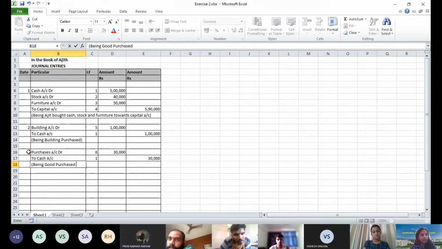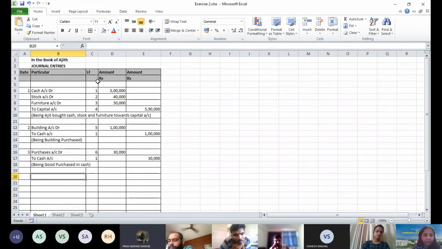Now, you can see that I've not left anything here in the format. When I'm doing a particular transaction, I'm making sure that all the ledger folios are filled. I'm filling the narration, the serial number, the dates. Nothing is pending here. This is called completion of a transaction.